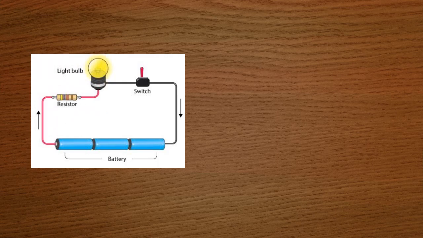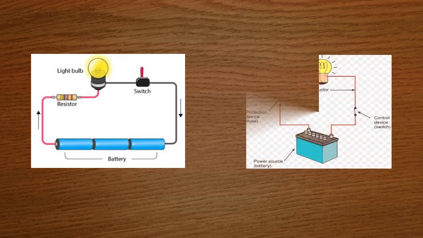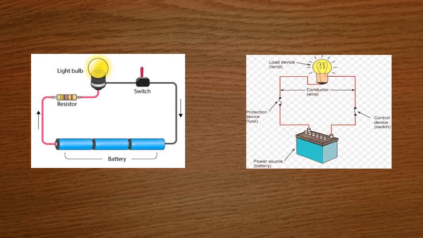Let's see picture 2. This is a picture of a circuit. This circuit contains a bulb, a switch, a battery, actually 3 batteries joined together, a resistor and an electricity conducting wire. There is also another picture.